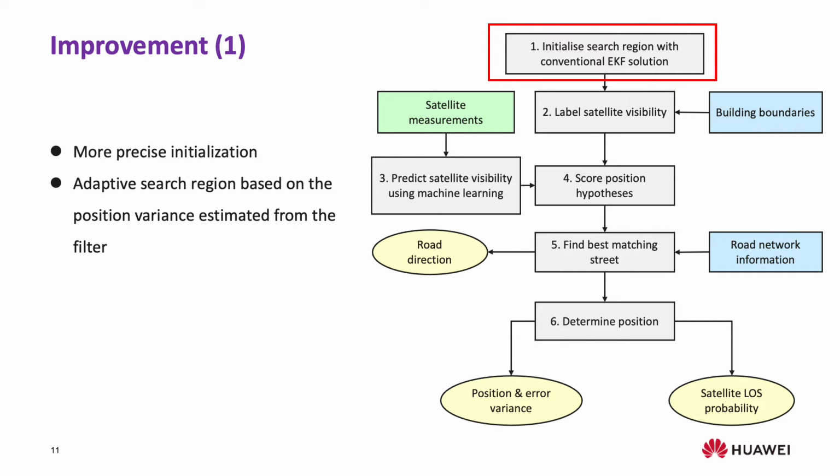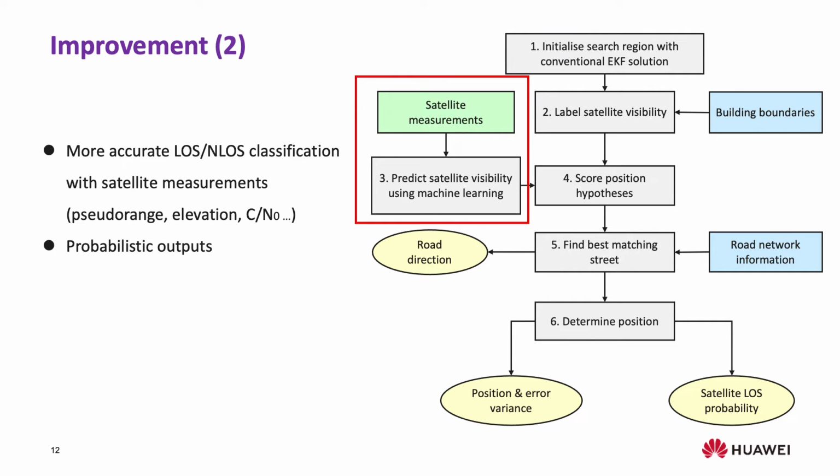The search radius can be set based on the position variance, which can be estimated from the filter solution. The second improvement is to use a much smarter classification algorithm and more satellite measurements for loss and unloss classification. We know that the classification from solely signal-noise ratio is not reliable, so we train a neural network and use it to make more accurate predictions of loss or unloss signals with more satellite measurements.